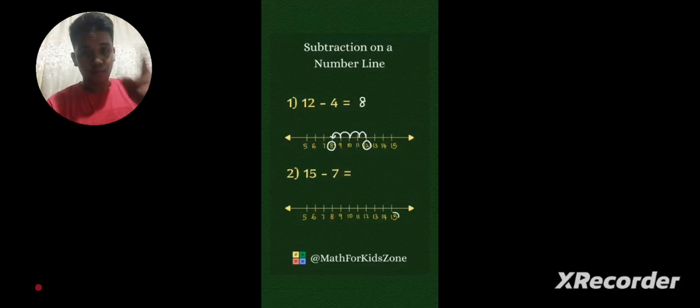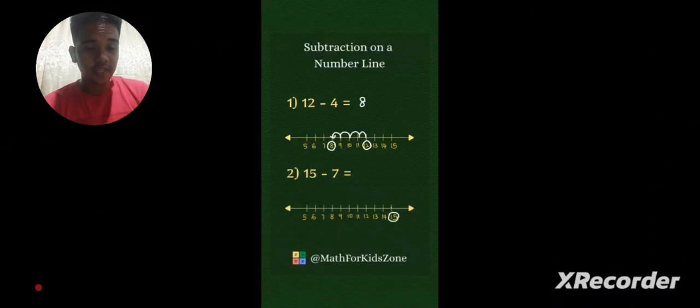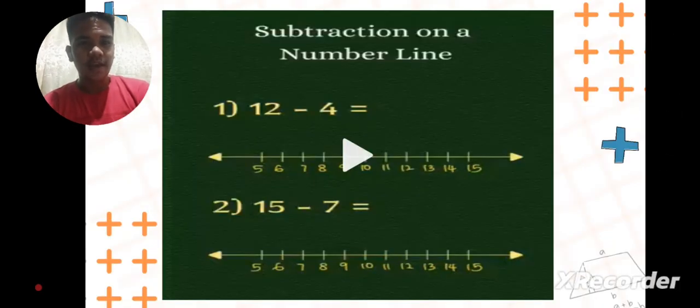Backwards. For subtraction, the jumps must be in backward motion. 15, 1, 2, 3, 4, 5, 6, 7. So the answer is 8. 15 minus 7 is 8.